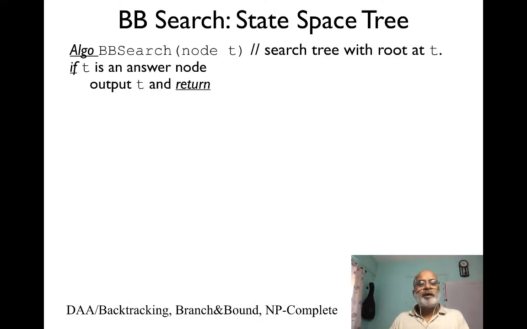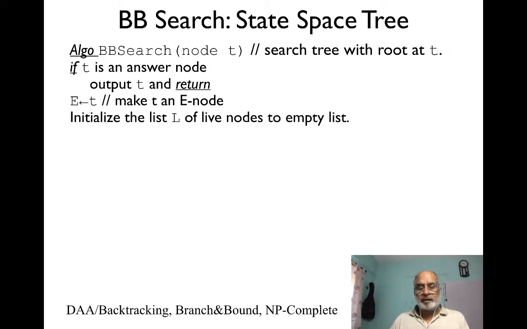When we are searching the tree and reach an answer node, that is when we reach the optimal solution. When we reach an optimal solution, we are done and we can return. If not, then we need to explore that node. And how do you explore? Initialize the list of live nodes to empty, and then look at all possible children.